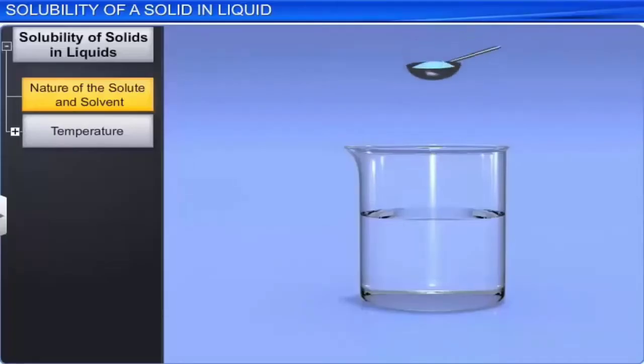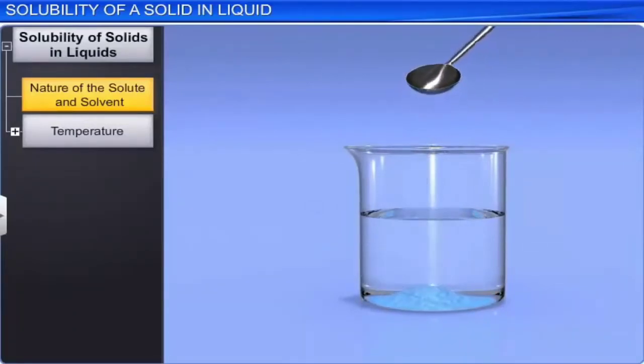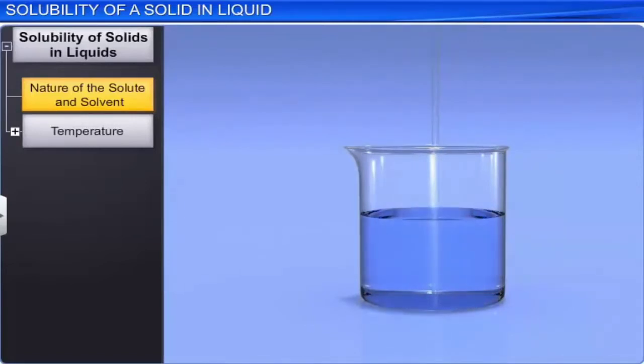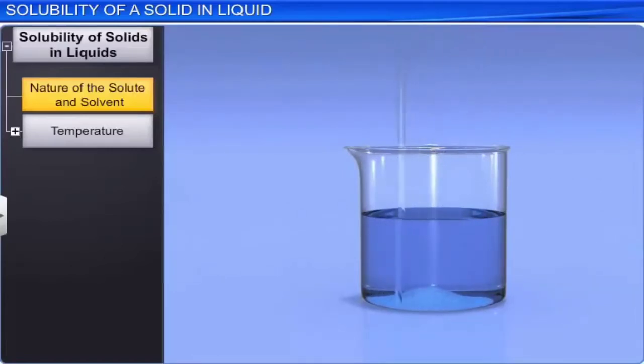When a solid solute is added to a solvent, its concentration in the solution increases. This process is known as dissolution. If you continue to add the solute, there will come a stage when no more of the solute can be dissolved in the solvent at a given temperature.